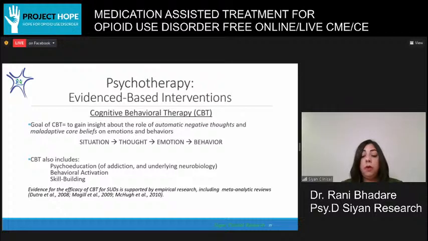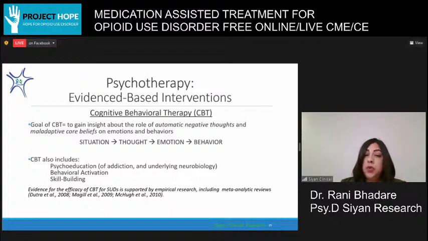Now, the wonderful part about CBT is when you work with patients and get them familiar with these concepts and get them to track their own situations or triggering events, their thoughts, it helps them gain more insight on the domino effect, the cause and effect of certain actions or thoughts that may have led to a certain mood, depression, anxiety, anger, which then may have impacted a behavioral choice, among which includes using a substance.